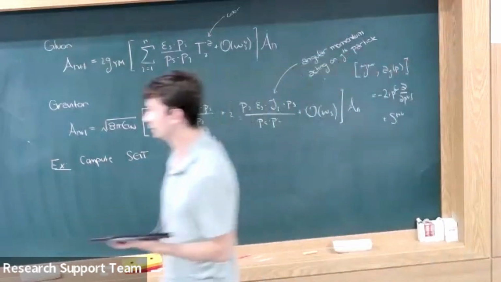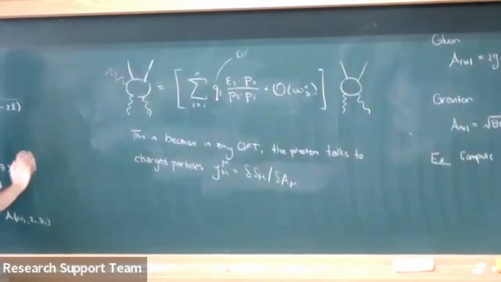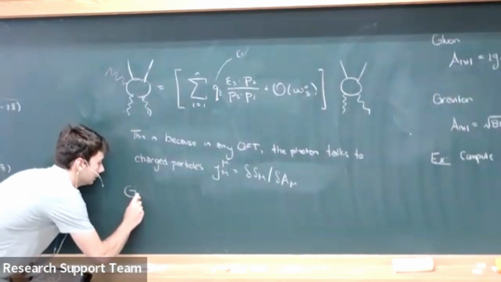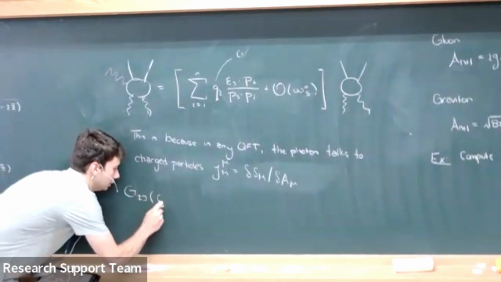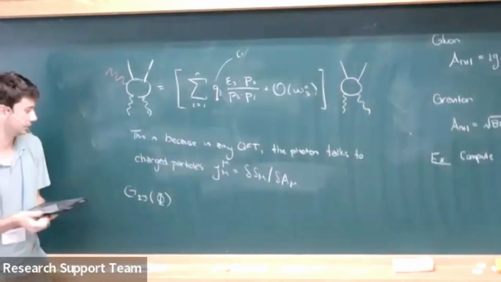I guess the result is that, well, maybe the simplest case is to think of some nonlinear sigma model. So you have scalar fields and some metric G_ij on the moduli space of scalar fields.